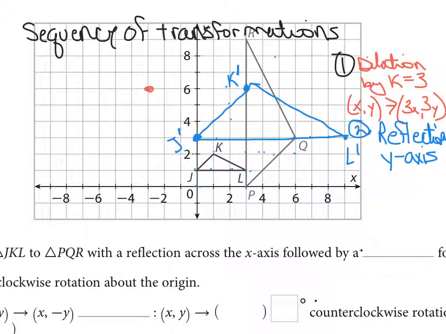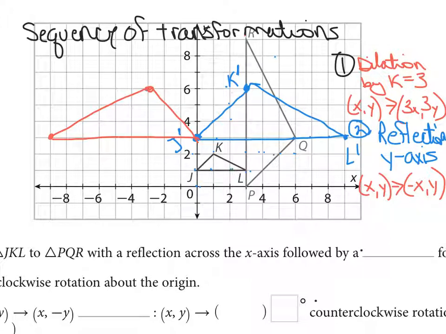And L is 1, 2, 3, 4, 5, 6, 7, 8, 9 over. And I want to write that (x, y) becomes (-x, y), doesn't it? Even though we don't have our little cheat sheets, it's easy to see that.